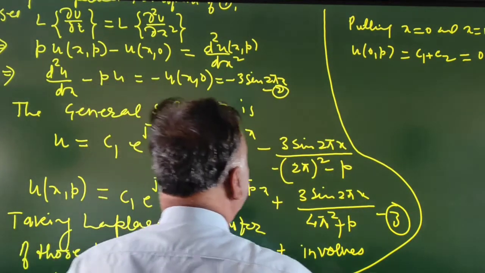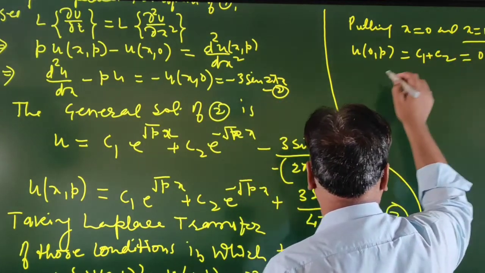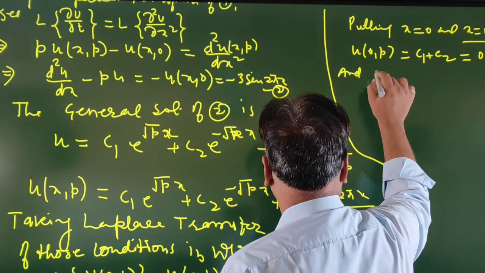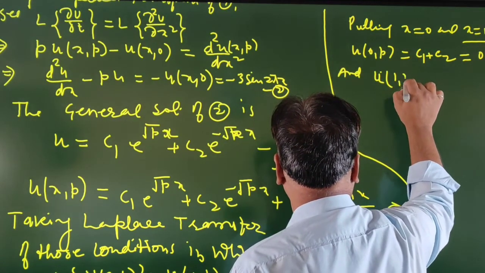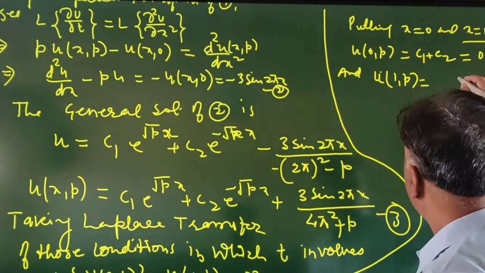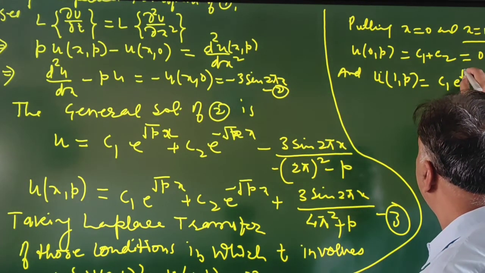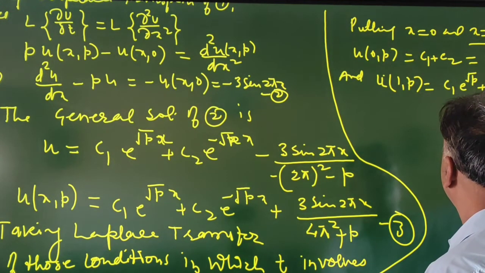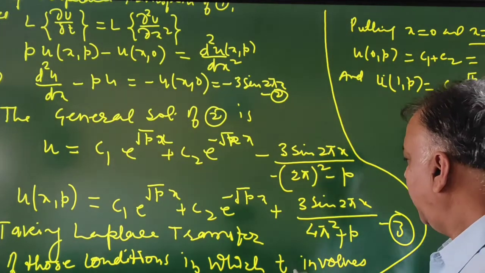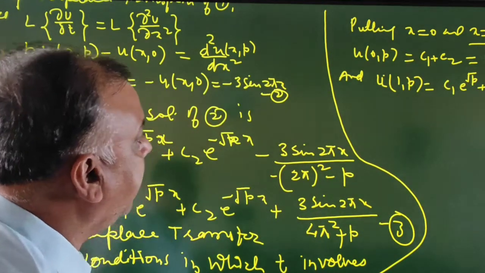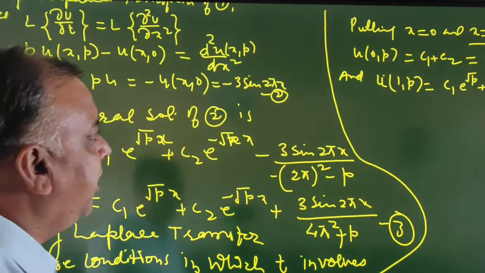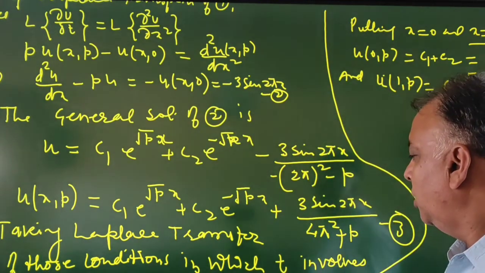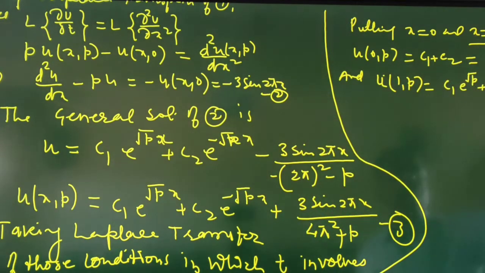Again, if we put x = 1 in 3, then we get u(1,p) = c1 e^(root p) + c2 e^(-root p), and sin 2 pi is 0 again. So u(1,p) = c1 e^p + c2 e^p, and we have already found that u(1,p) is also equal to 0.